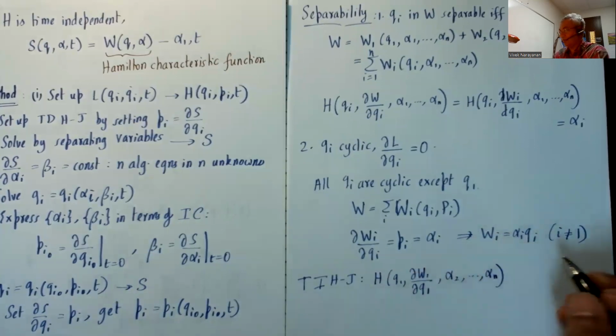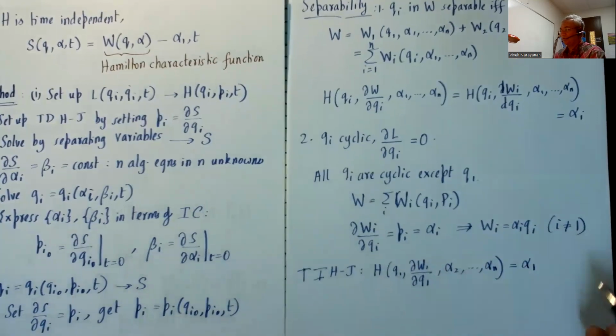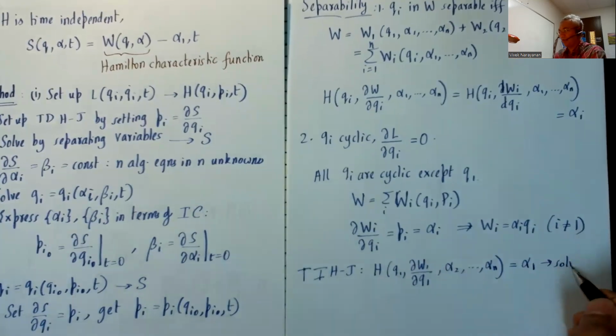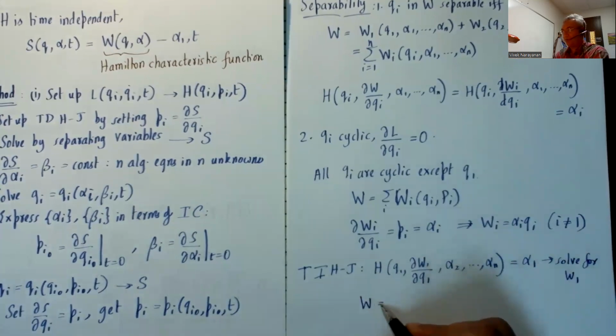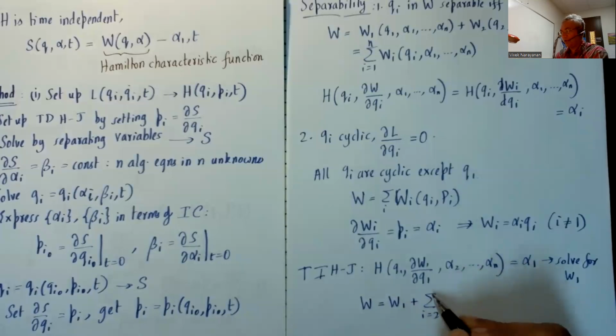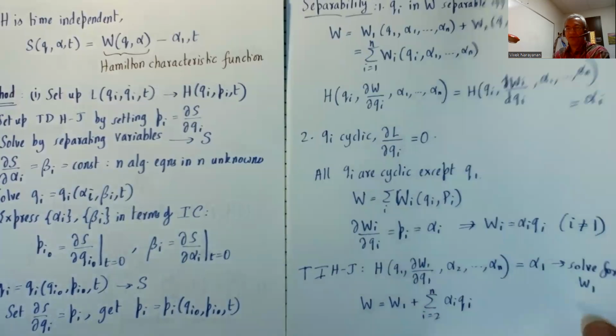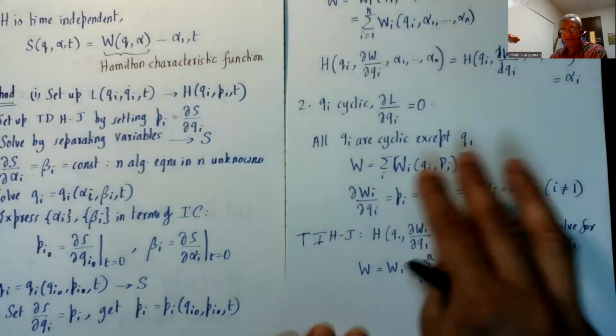So alpha 1 doesn't appear, equals alpha 1. So this can be solved for W1. And then finally, we can write W equals W1 plus the sum i equals 2 to n of alpha i Qi. Now, that's the procedure if all of them are cyclic except Q1.